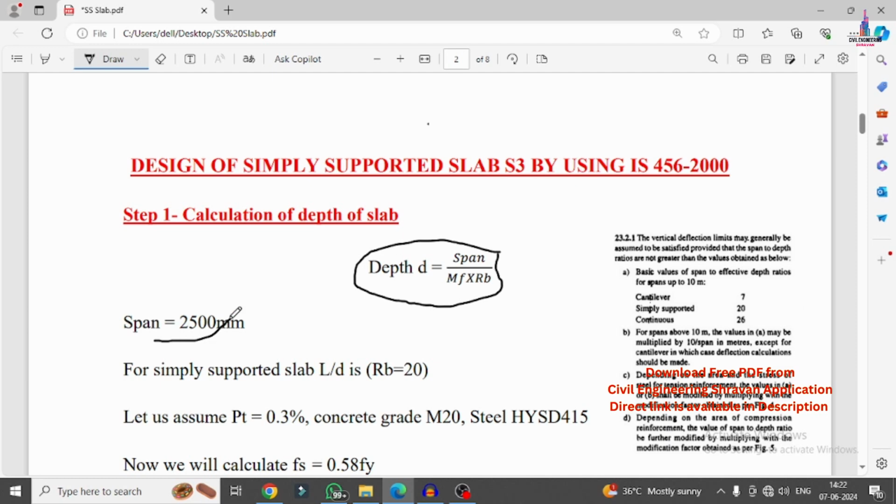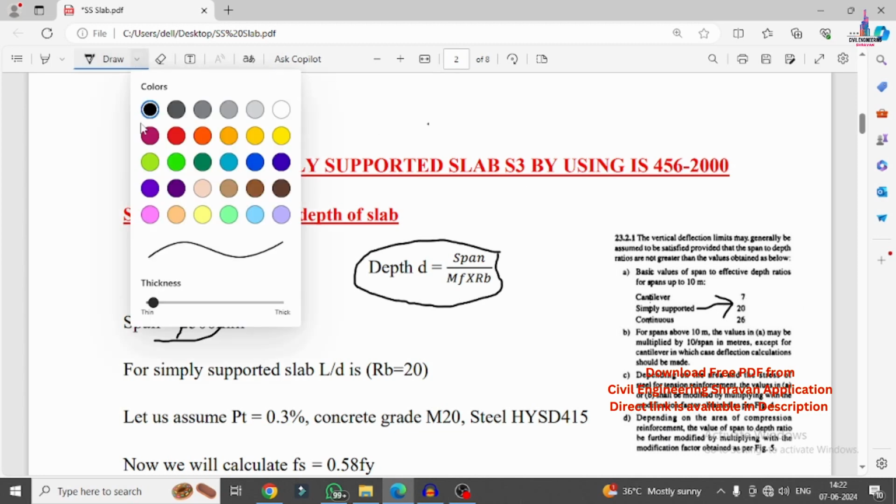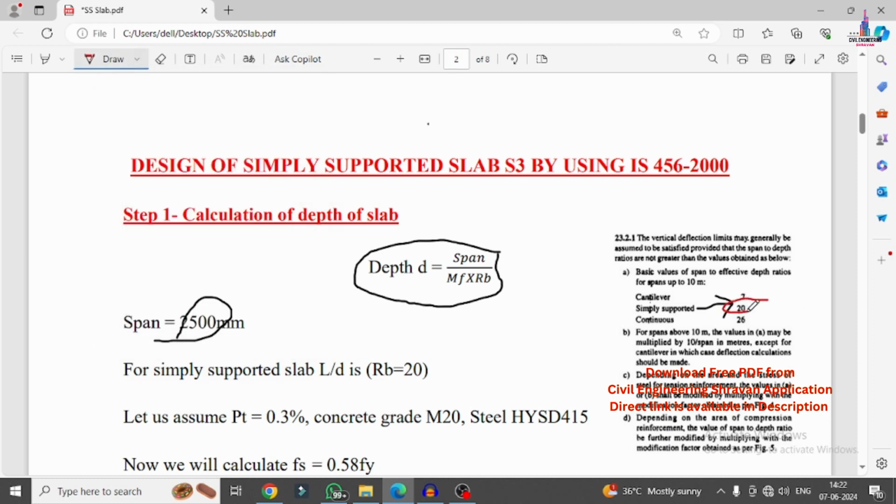We are considering the span as approximately 2.5 meter, which is 2500 mm. For a simply supported slab section, the value of the L by D ratio is 20, so the factor is 20 here.